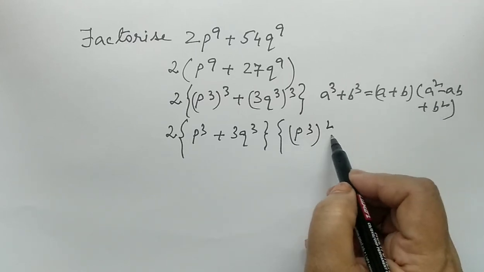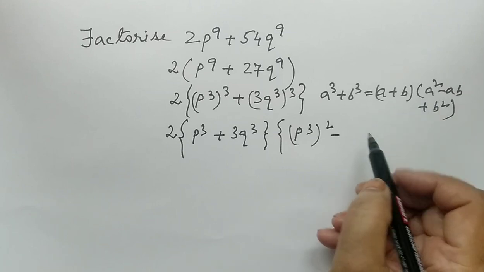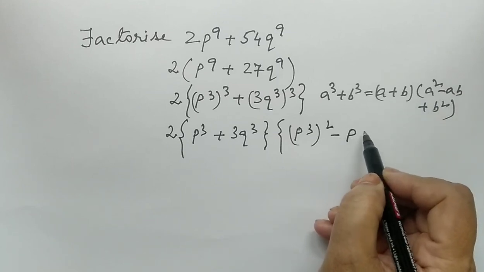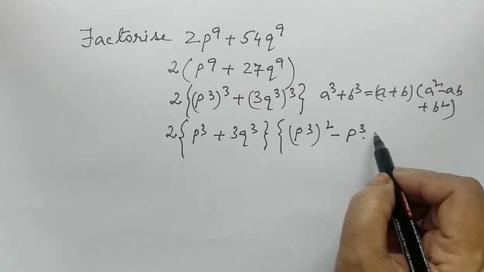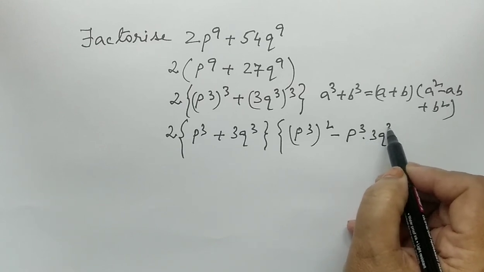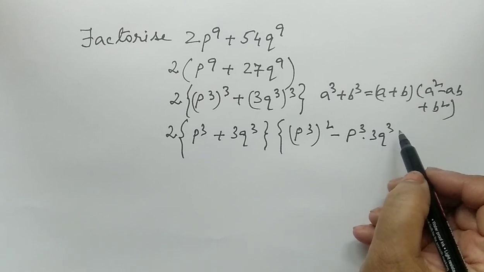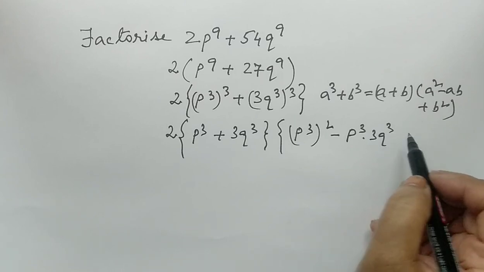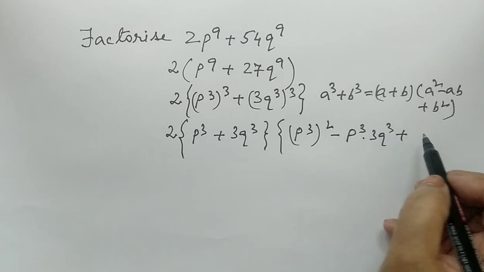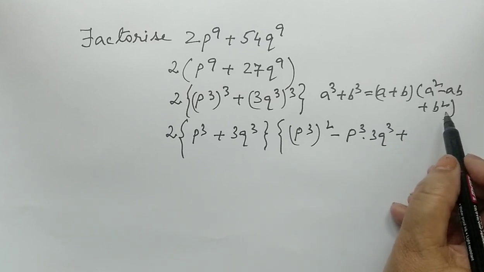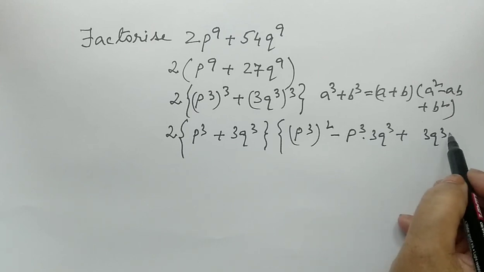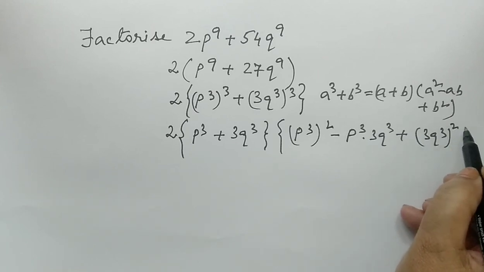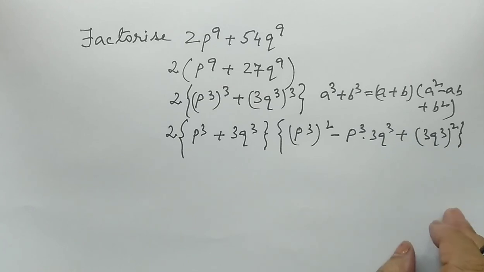Then I have minus sign and ab. So a is p cube dot 3q to the power 3, which is my b. Then we have plus over here, b square, which is 3q to the power 3, whole, and then we close this curly bracket.